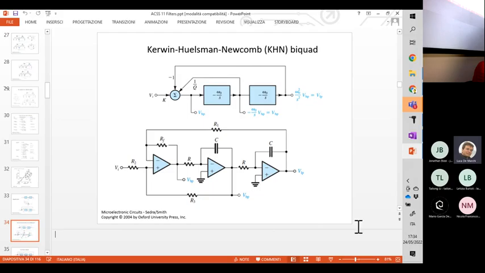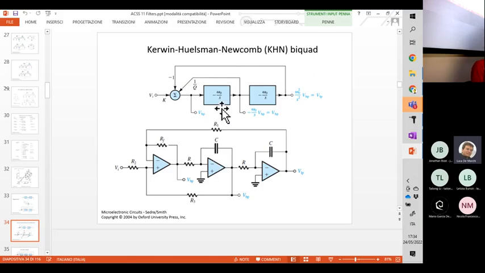This is precisely what is called the KHN biquad combination. So you see that the mixing circuit is realized by using this op-amp with multiple inputs in the negative input terminal and in the positive one, because we need either to combine positively the output of the integrator or to subtract the output of this second integrator. And then we have this circuit here, which is replacing the integrator expression.